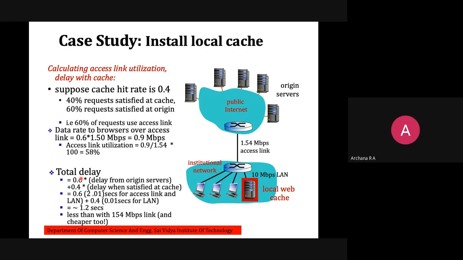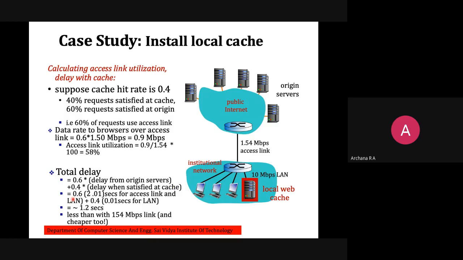Okay, so now the total delay. We have 60% from the origin server and 40% from the cache. One part is the requests satisfied at the local cache, and the other 60% are satisfied by the origin server. So we have to calculate the delay: 0.6 times the delay from the origin server, plus 0.4 times the delay when satisfied at the cache.